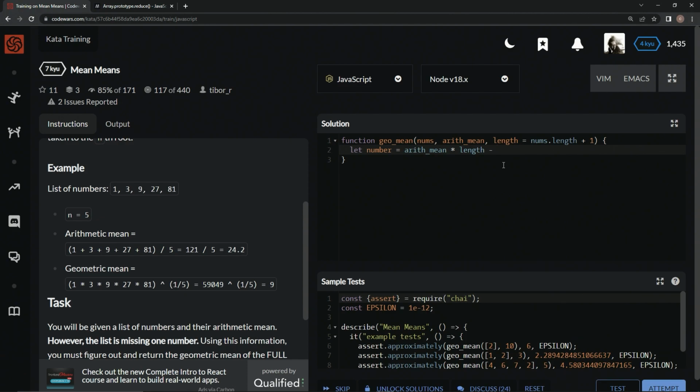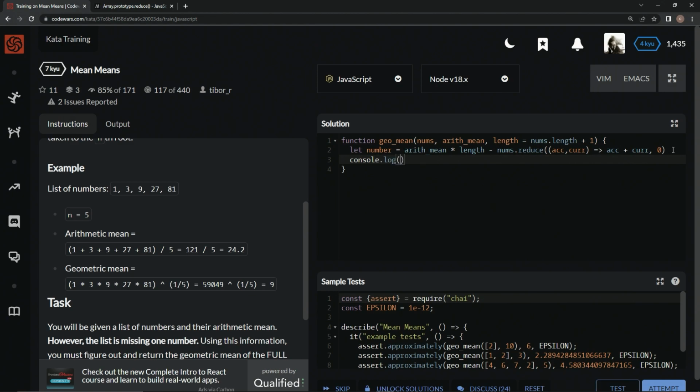So we're going to say minus nums.reduce, and inside here accumulator and current value, and the arrow, and then we're going to say accumulator plus current, and then for initial value we're going to have 0, right? So it's going to be 0 plus 4 plus 6 plus 7 plus 5, and basically let's do a console.log number to see what this looks like to start off with.